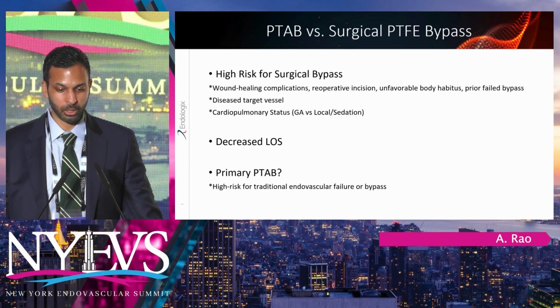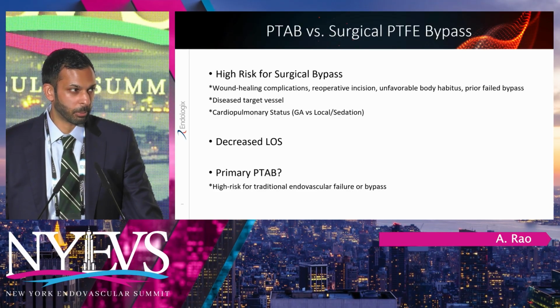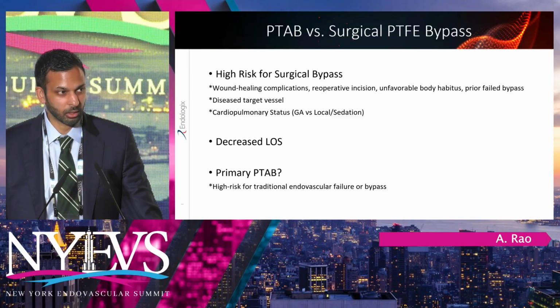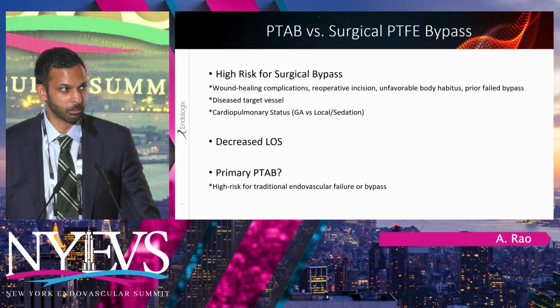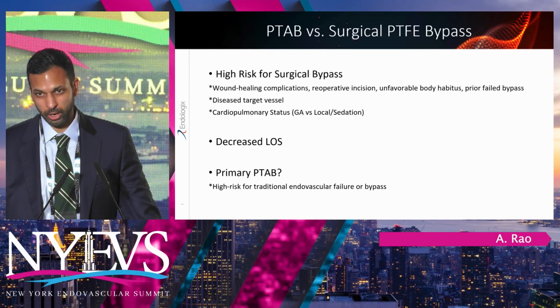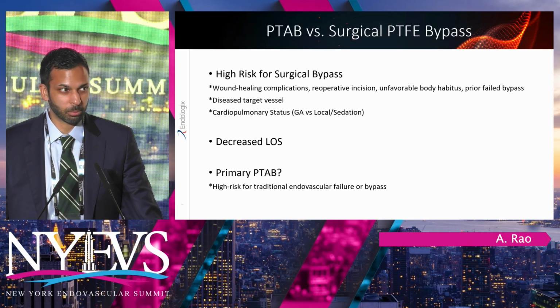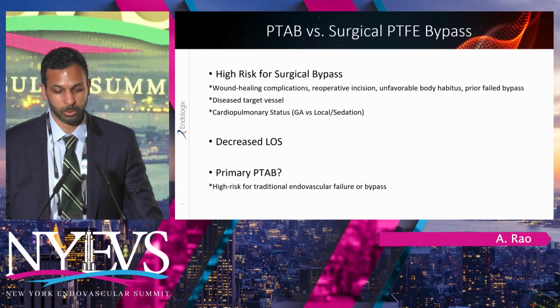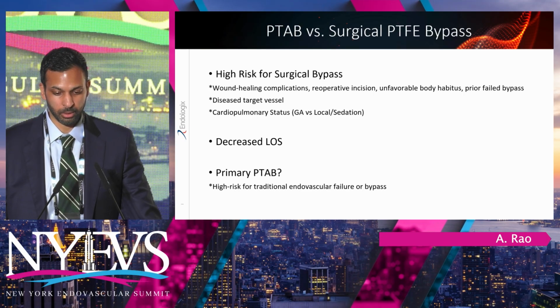That may be a patient I'm going to opt for a PTAB. There are also patients that just have bad body habitus, so morbidly obese. I know if I make an incision in that groin, there's a good chance it's going to break down. It might get infected. Now I have graft in there, and it's going to turn into a mess. Maybe it's a patient that had a prior surgery, a femoral endarterectomy, a prior bypass. Going into reoperative fields is also not an easy thing to do.